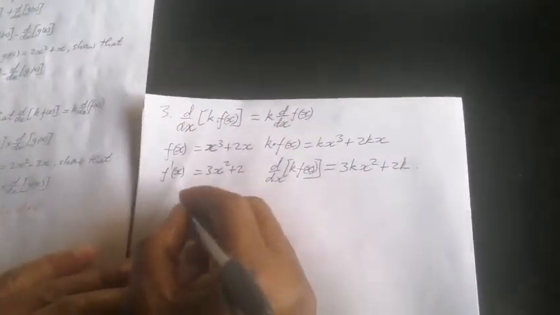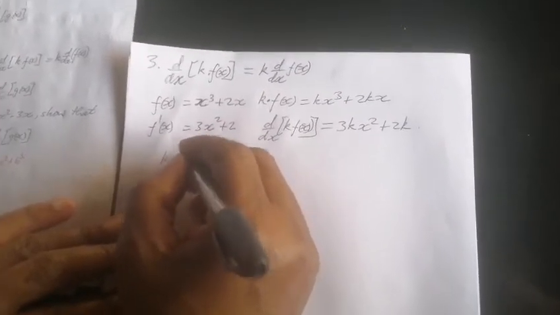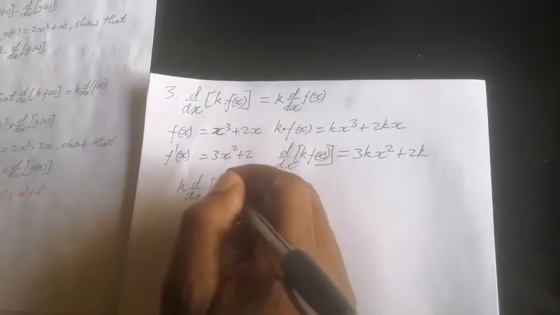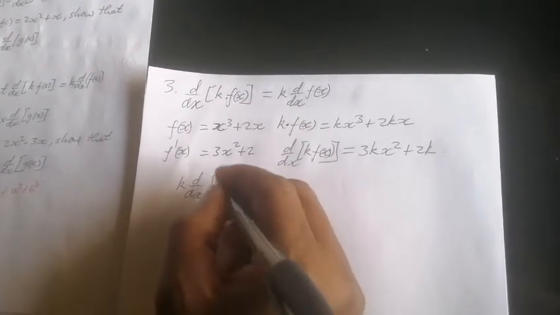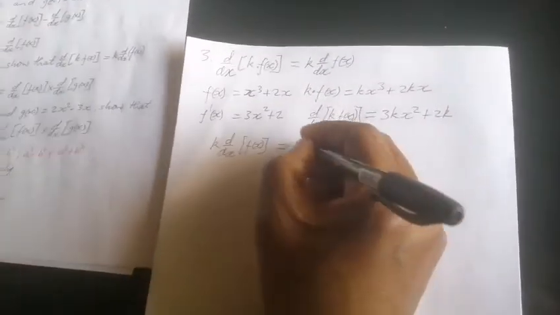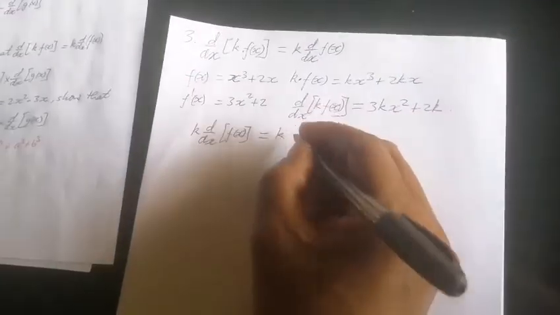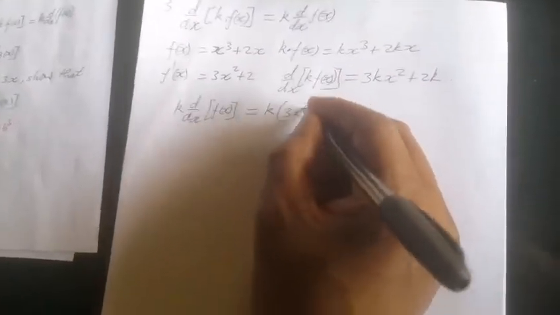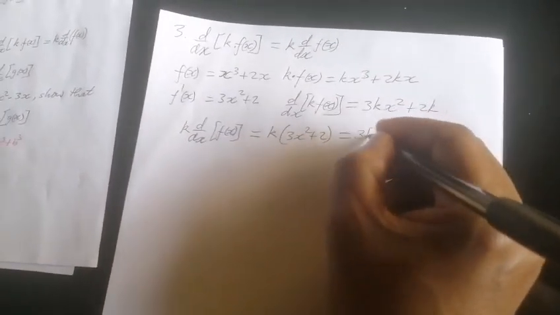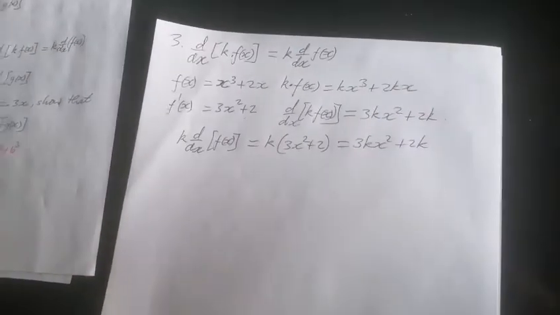The right hand side is saying our k multiplies the d dx of what? Of f of x. This will be k, the derivative of f of x, I did it there. It will be multiplied by 3x squared plus 2, which will then give us 3k x squared plus 2k.